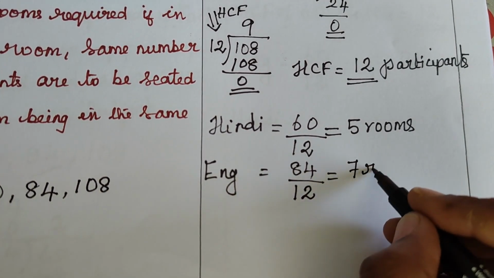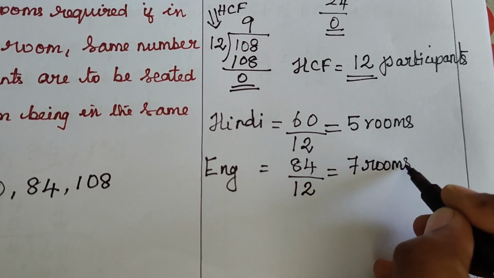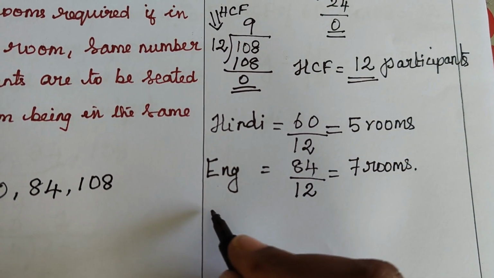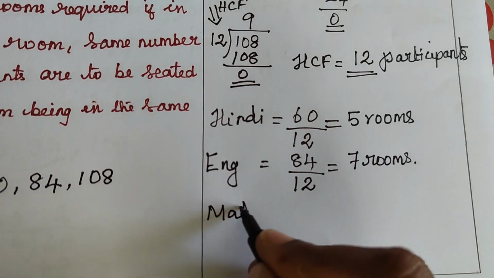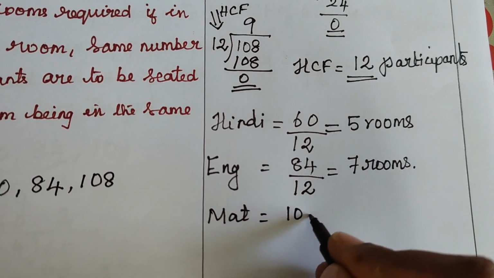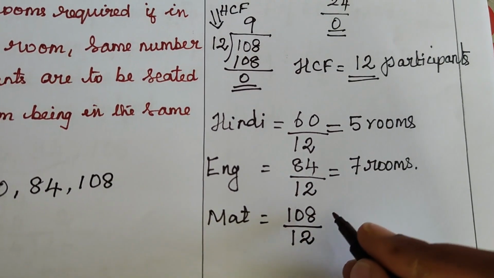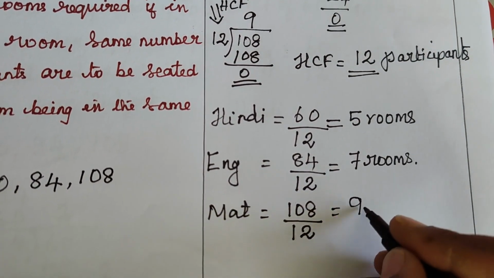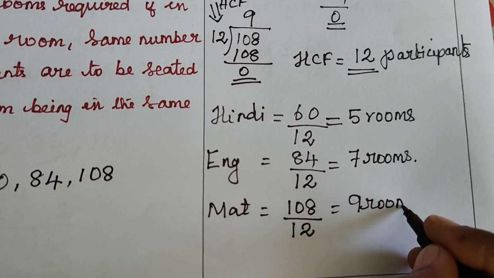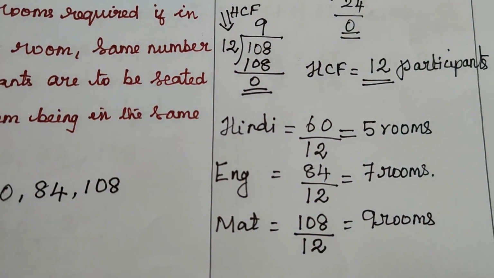So 7 rooms are required for participants in English. Then Maths. Total number of participants 108, number of participants in each room 12. So the Maths subject requires 9 rooms to seat its participants.